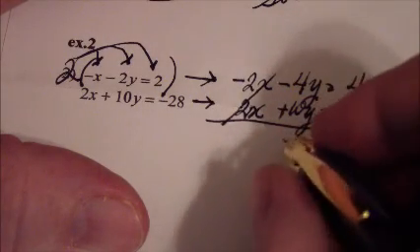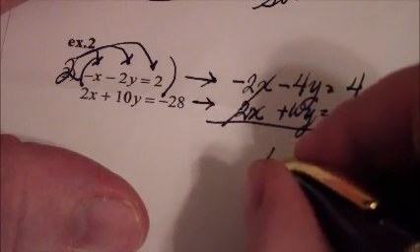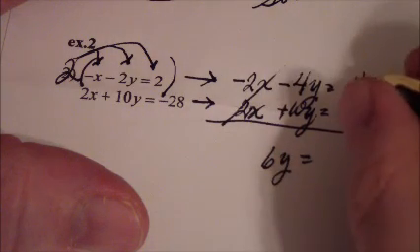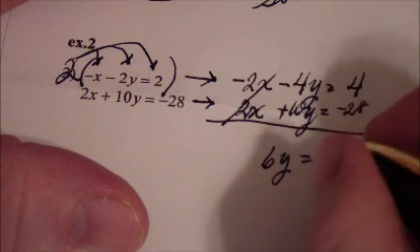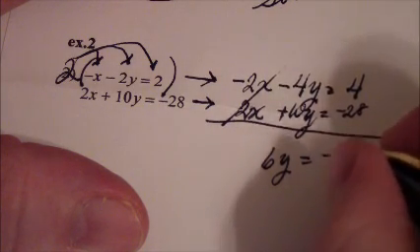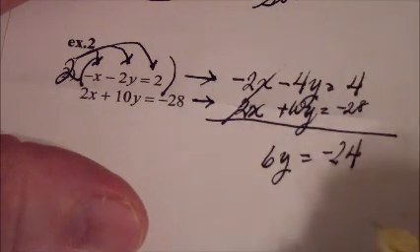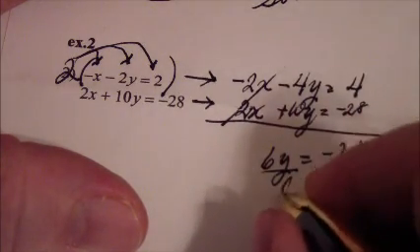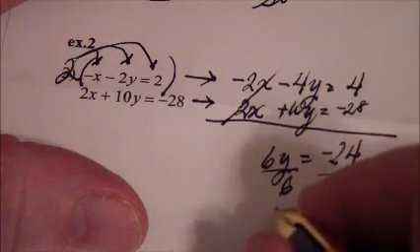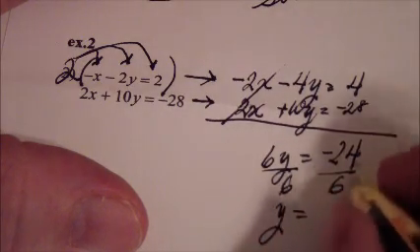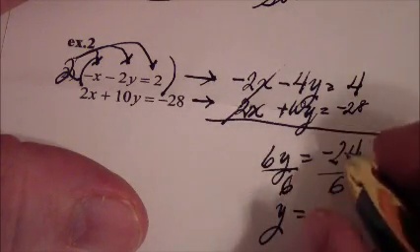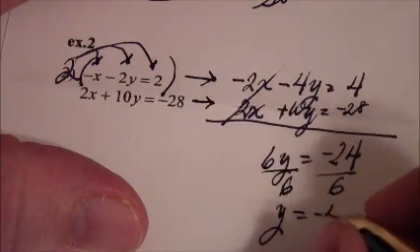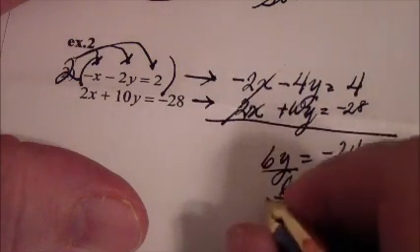Negative 4 plus 10 is going to give us 6y. Positive 4 and negative 28 is negative 24. Divide both sides by 6. And y is equal to, let's see this, negative 4.